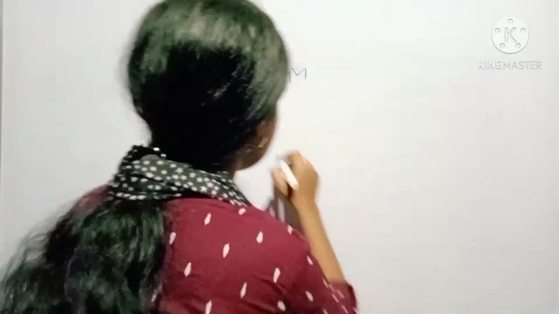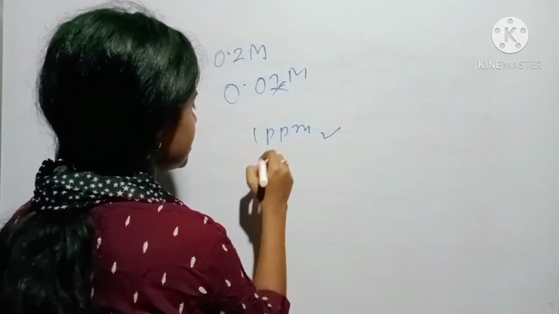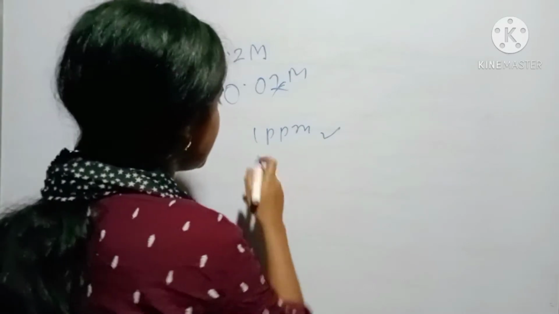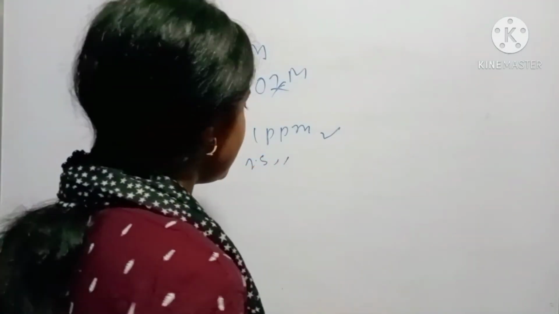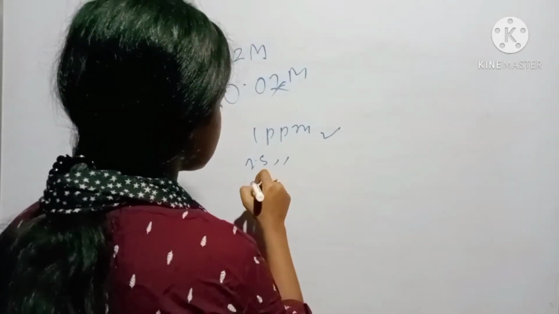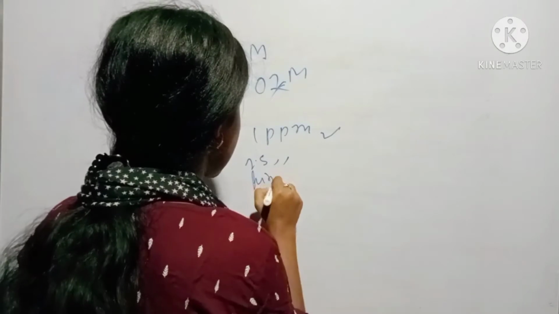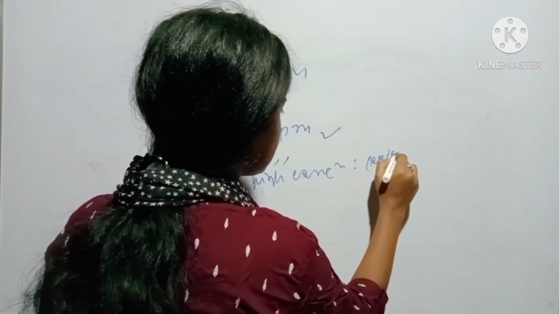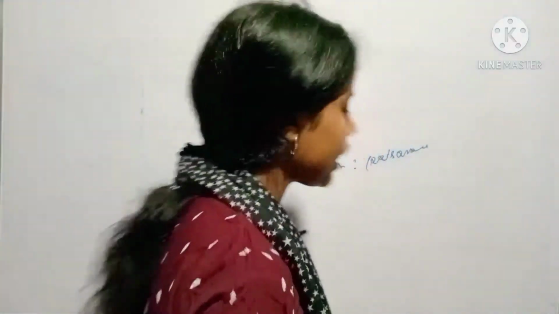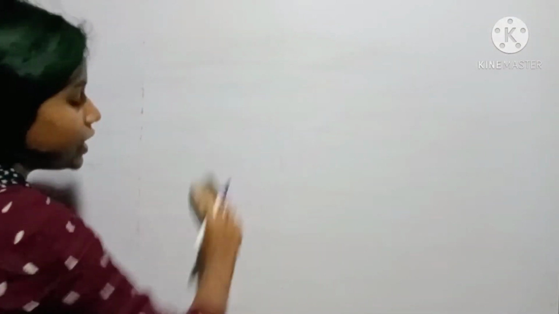If we take 1 ppm, then it's okay. Yeah, if it becomes 1.5, then it's so bad. And if the concentration is so high, then it's poisonous. So we need to learn about concentration. Okay, so we learned these things in the last video. You should watch this video again if you didn't watch it.